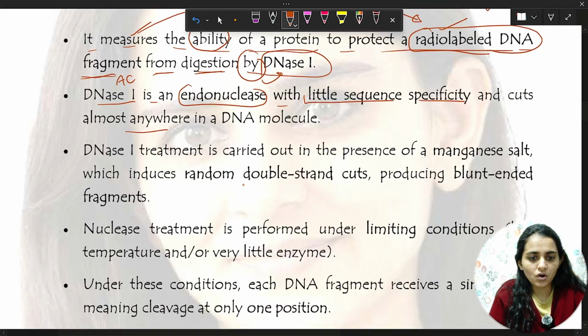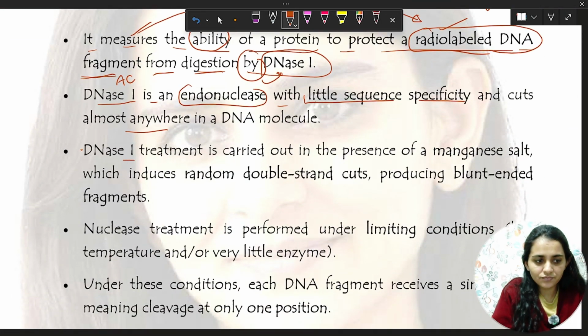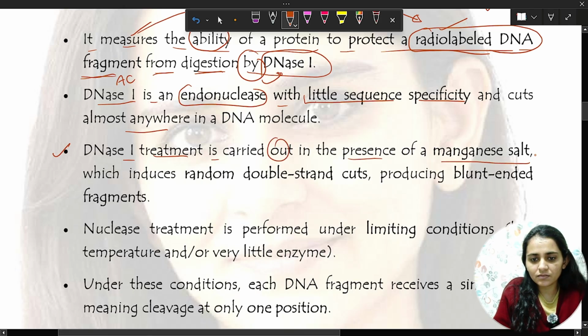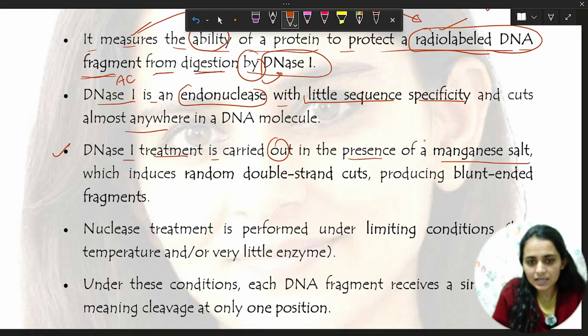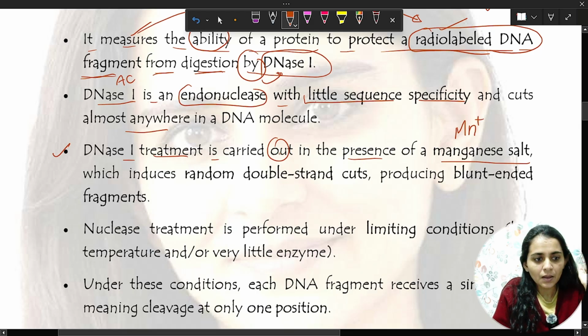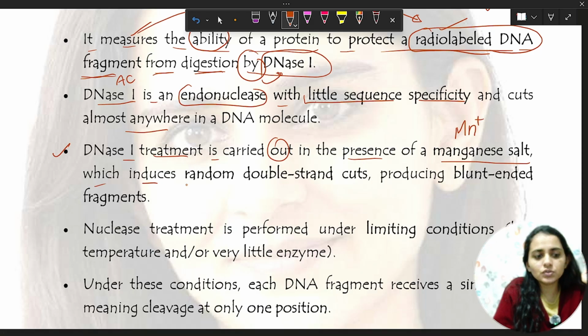For this DNA, first the treatment is carried out in the presence of manganese salt. Manganese and magnesium are different elements. Here it is Mn, manganese. Manganese salt induces random double-strand cuts.